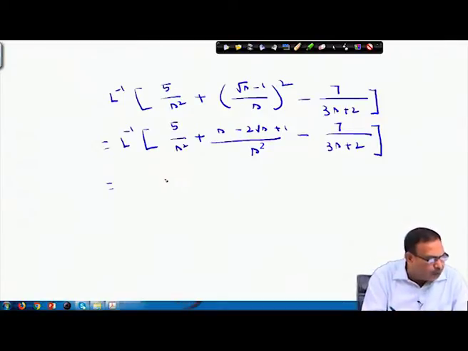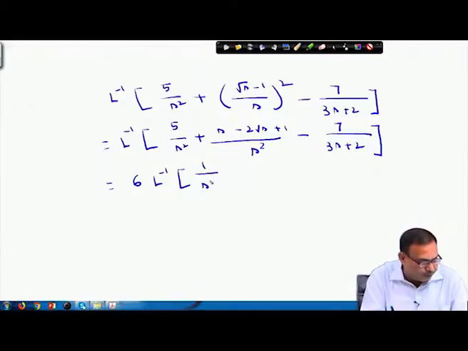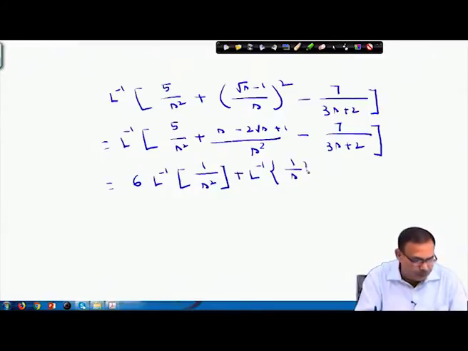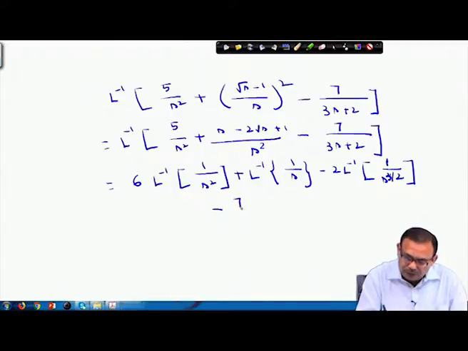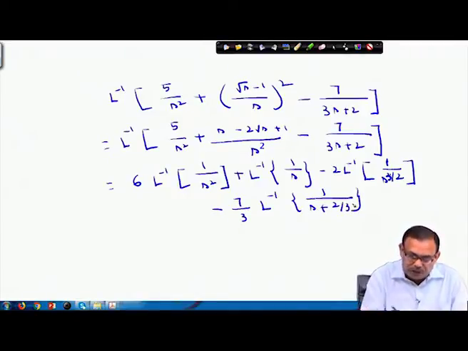So if I break it into two parts, here it will become 5 plus 1, 6 Laplace inverse of 1 by s square plus Laplace inverse of 1 by s minus 2 Laplace inverse of 1 by s to the power 3 by 2, minus 7 by 3 Laplace inverse of 1 by s plus 2 by 3. Actually, I have written it in such a fashion so that directly now you can write down the corresponding function.